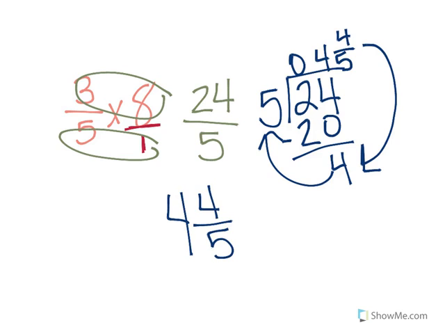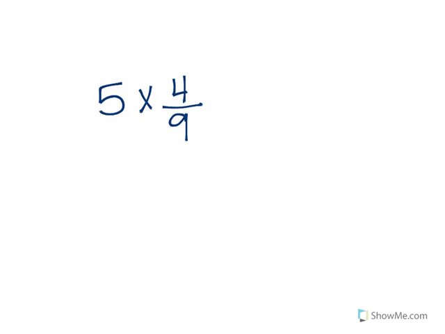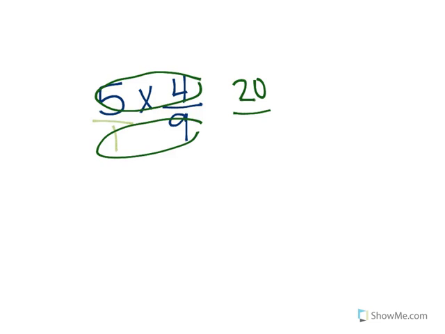Let's do another problem. Five times 4/9. I have to turn that into a fraction by putting a 1 underneath it. So now I have 5 over 1 times 4 over 9. And so I'm going to do top times top, bottom times bottom. 5 times 4 is 20. 9 times 1 is 9.